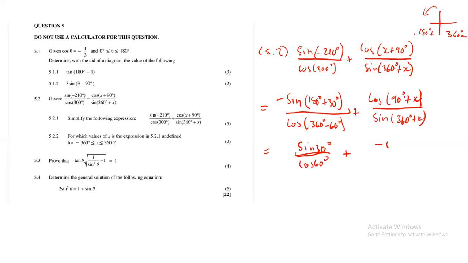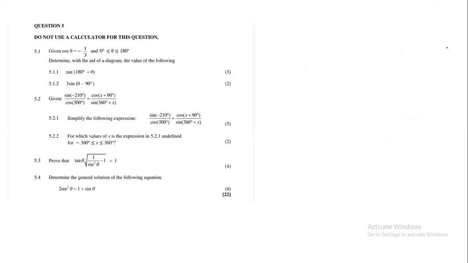Now we see 90 degrees. Remember, cos will change to its co-function, which is negative sine x. Divide by 360 degrees plus. It's in which quadrant? Remember, here we have 360 degrees.